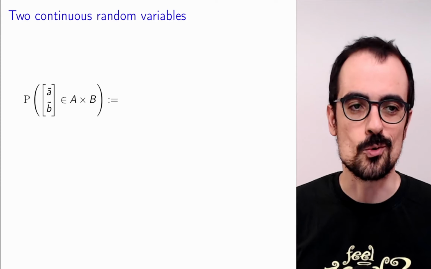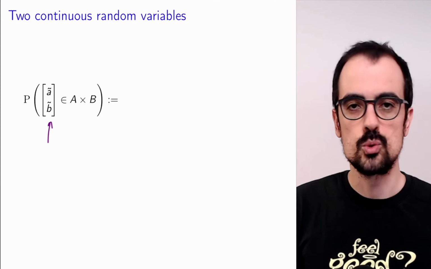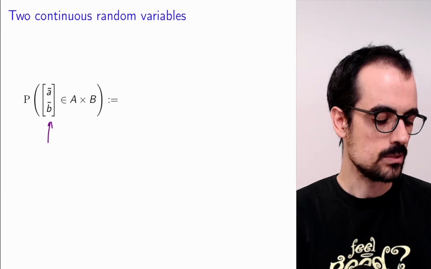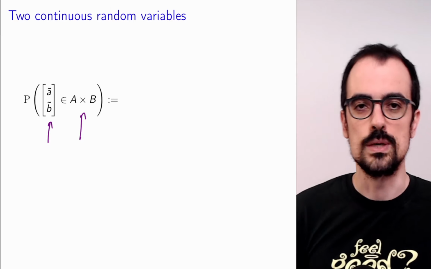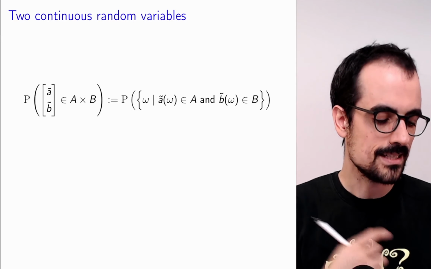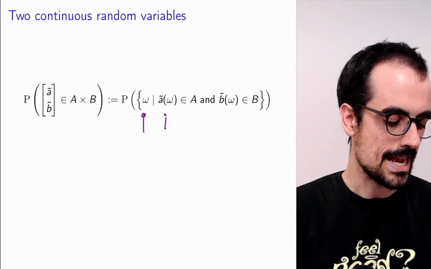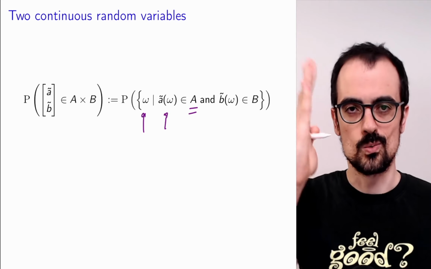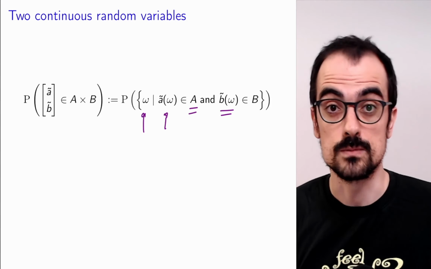If we write this in equations, we're interested in the probability that the 2D random vector is within this rectangle, that is the Cartesian product of two intervals. That is the same as saying what are the outcomes so that A of omega ends up in one of the intervals and B of omega ends up in the other interval.